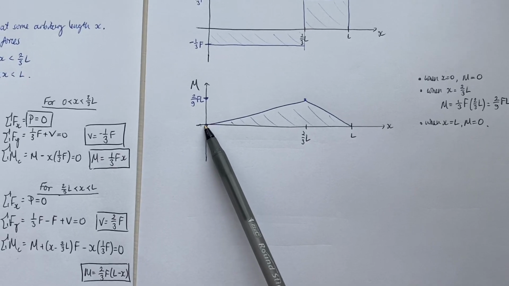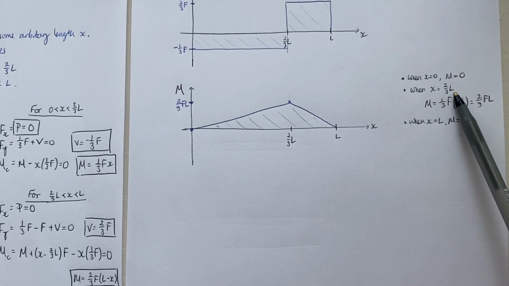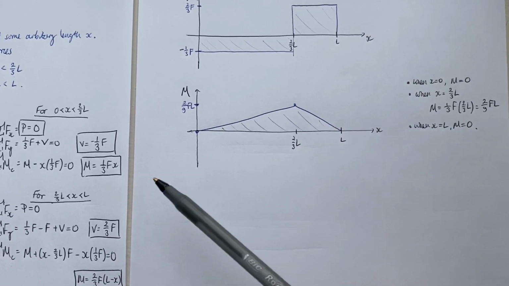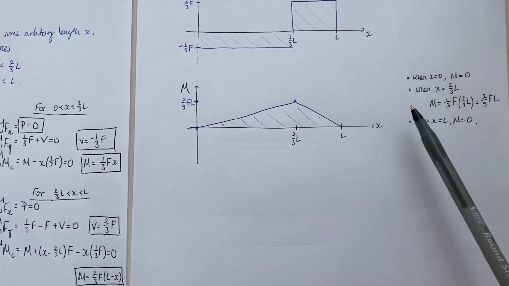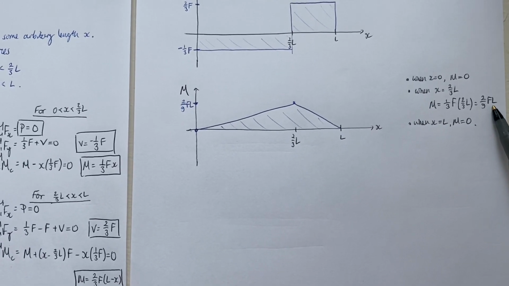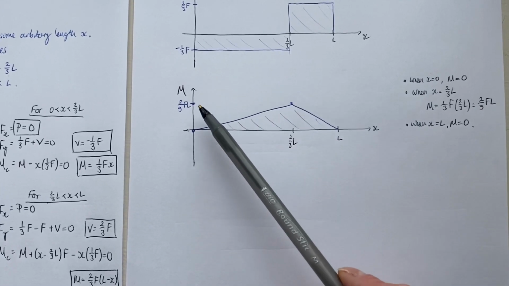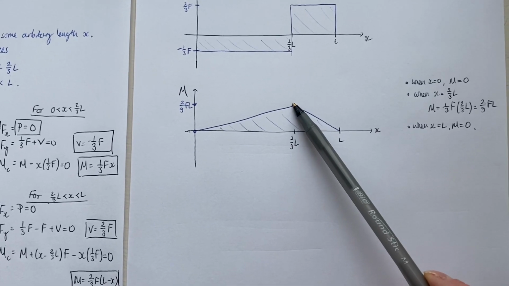So I have this point. And then at X equals 2/3L, I can work out what M is by putting that value into either this formula or this formula. I should get the same answer, and that is 2/9 F times L. So I've drawn that positive value up there, and I now have this point.